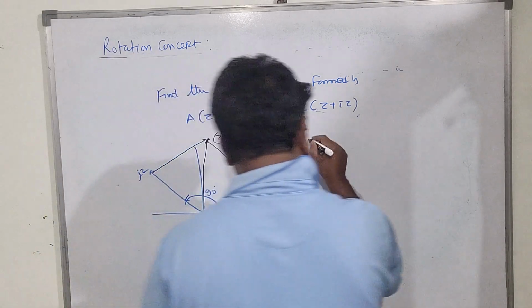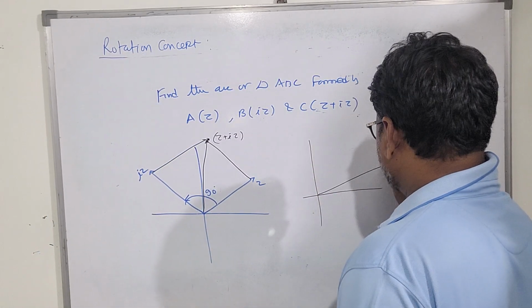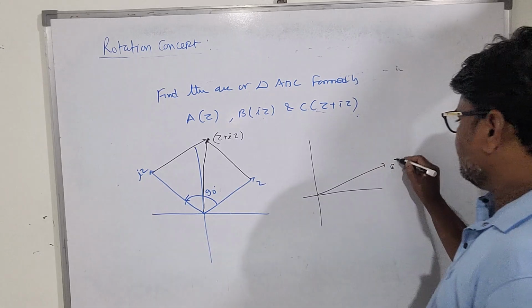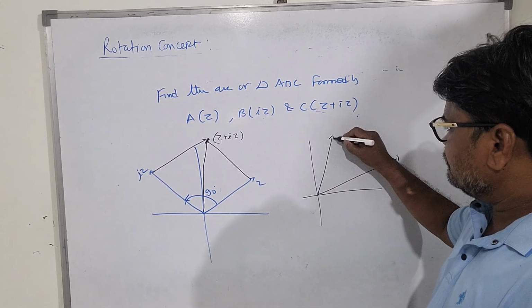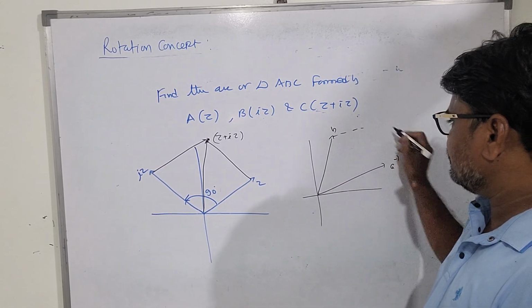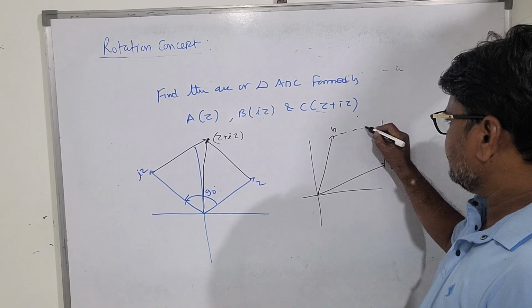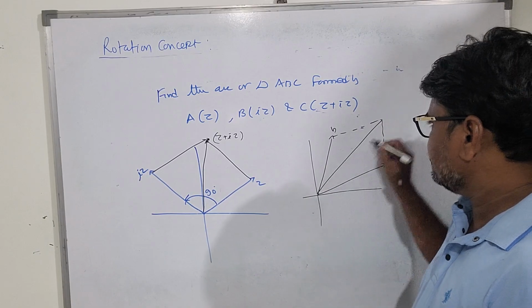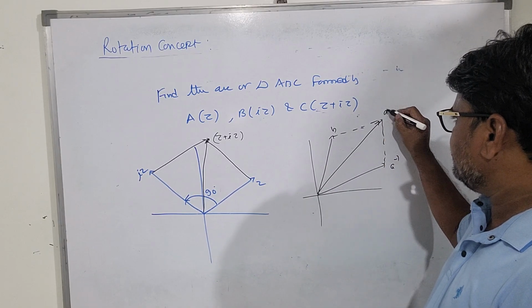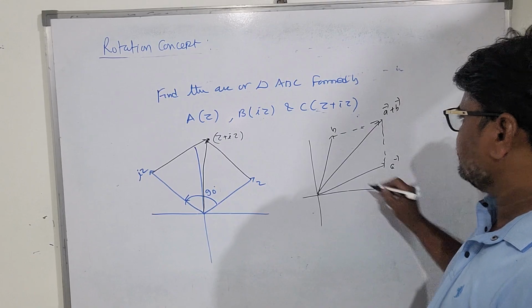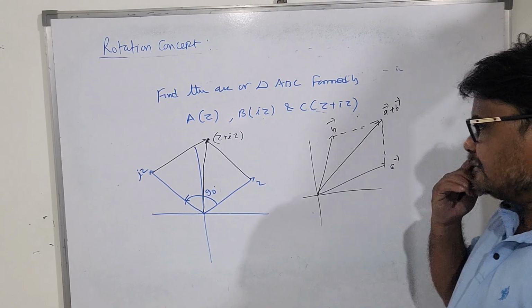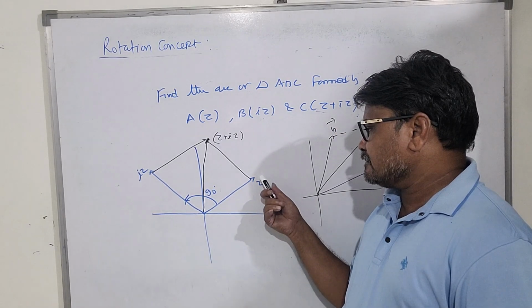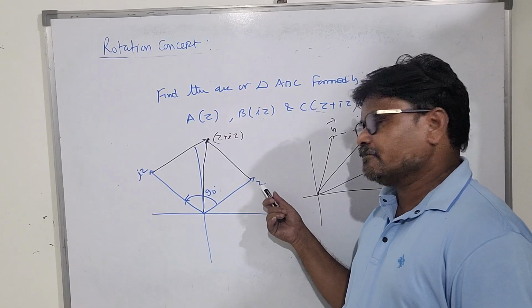In vector, what happens? This is your vector A, this is your vector B. So we construct a parallelogram. So this is your resultant vector. This resultant vector is given by vector A plus vector B, correct? Similarly, here we are having the vector represented by complex number z.